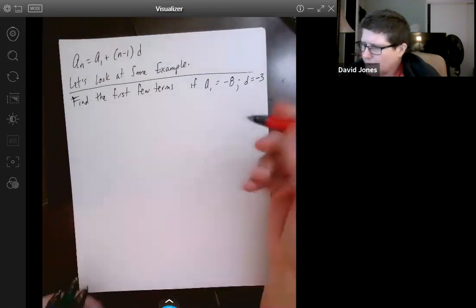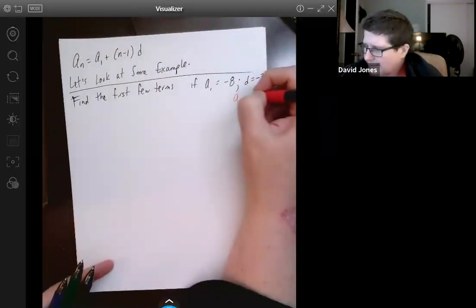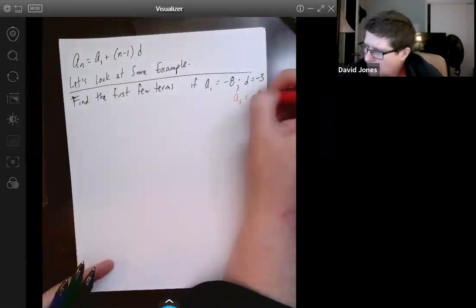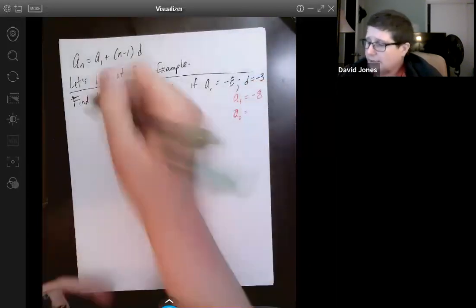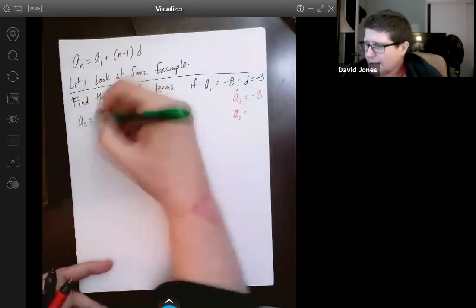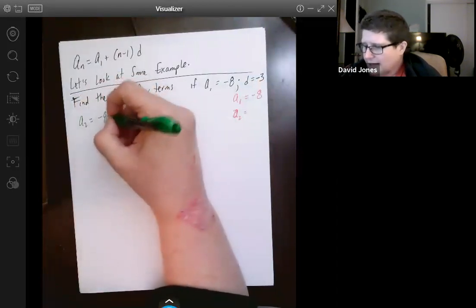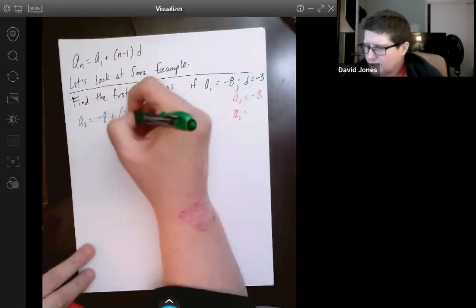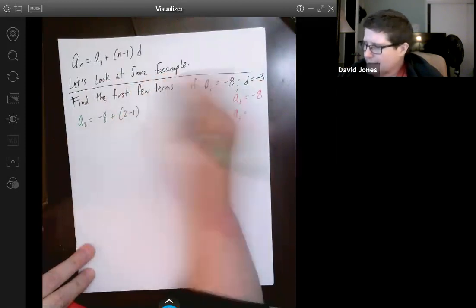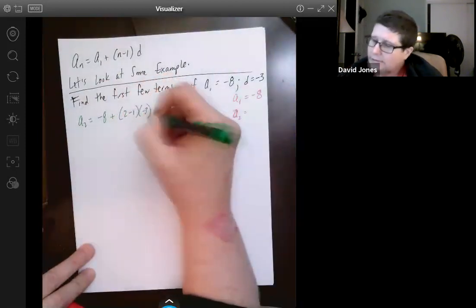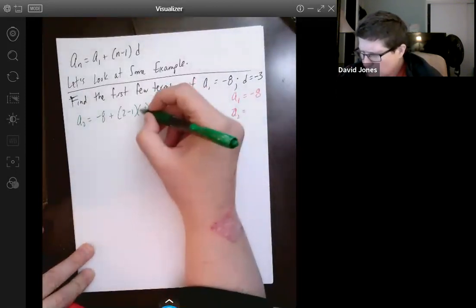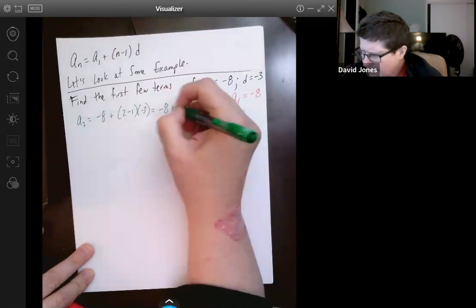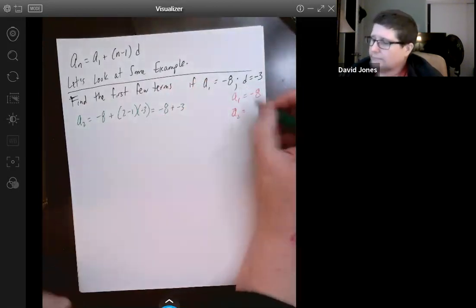Well, we've got the first one pretty easy. A sub 1 equals -8, right? What's a sub 2? A sub 2 equals a sub 1, which is -8, plus 2 minus 1, which is n minus 1, times d, which is -3. So I've got -8, 2 minus 1 is 1, -8 plus -3 is -11.